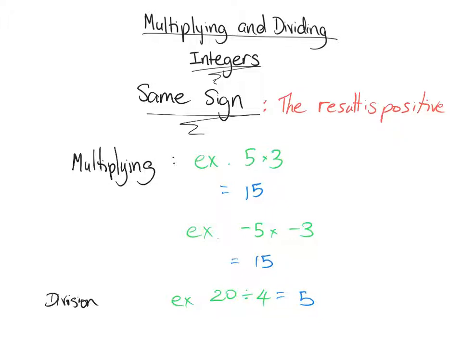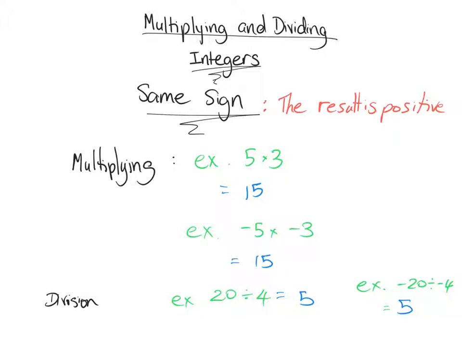And if we had negative 20 divided by negative 4, same sign, the answer is still going to be 5. All right, so as long as you're dealing with multiplication and division with the same signs, your result will always be positive.